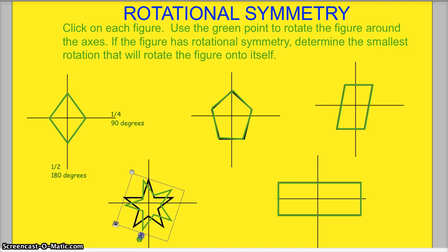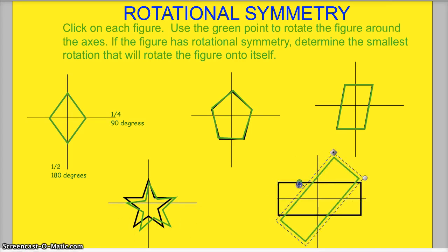As I rotate it, so far this star is not a great example of rotational symmetry, because it's not until I get back to the very beginning that it looks exactly the same. So the star has to be a perfect star with everything perfectly aligning. So it depends on the star whether it's rotational symmetry or not.